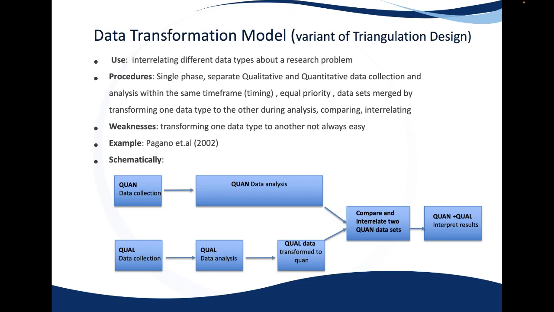So if your quantitative data aspect is much bigger than your qualitative one, and the qualitative one is just there, but really the concept is much more quantitative, then you can transform your qualitative data in a way that allows it to be expressed quantitatively, so that it's easier for you to compare and interrelate these two sources of data that you have.